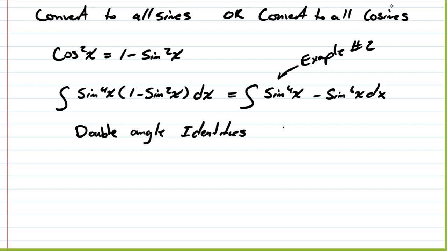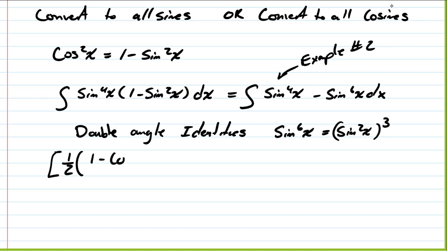So sine to the 6th of x is sine squared x cubed. And then by the double angle identity, that would be 1/2 times 1 minus the cosine of 2x cubed, because that's our double angle identity. So that would be 1/8 times 1 minus the cosine of 2x cubed.